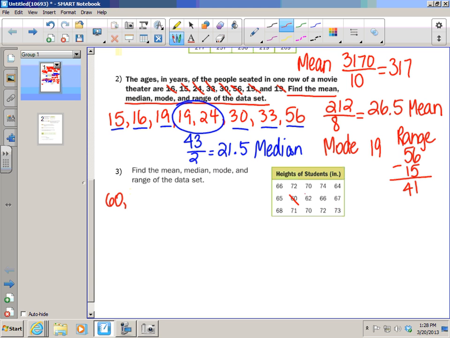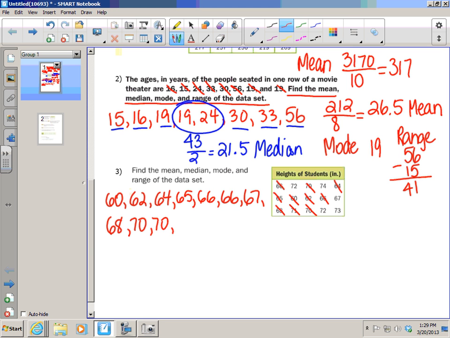And then 62, 64, 65, 66, and 66, 67, 68, 70, and 70, 71, 72, 72, cross out the 67, so I did include that. 73 and 74 are my last two.